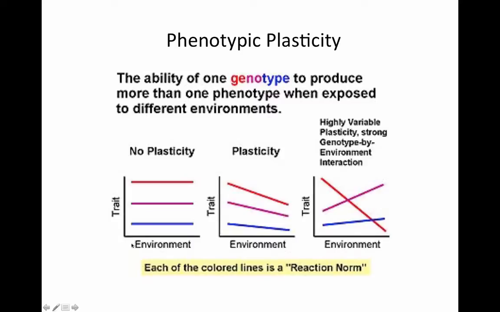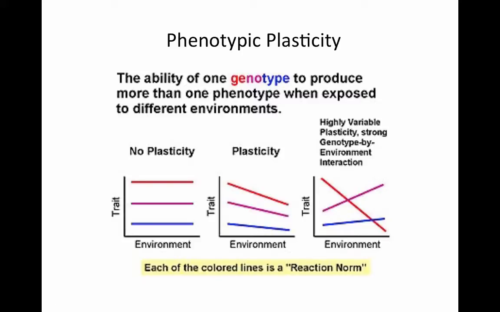Let's say this side close to the origin is maybe hotter temperatures. Maybe we're going up the slope of a mountainside to colder temperatures on this end. And we take identical genotypes and plant them across this environmental gradient and measure the trait value that it achieves at adulthood, in this case height.